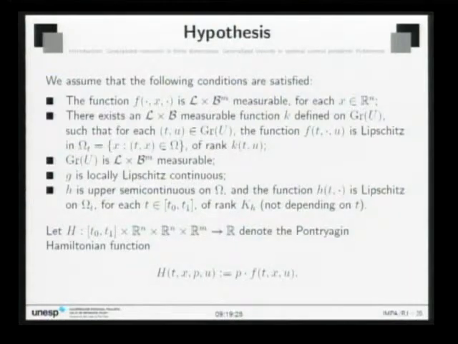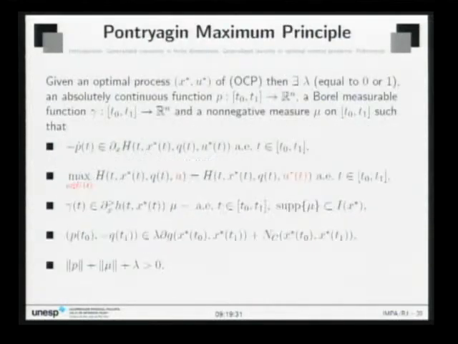And here we have the Hamiltonian now. I'm not using psi, I'm using p now. Okay. And the maximum principle of Pontryagin for this problem with non-smooth data and state constraint would read like this. So we have an optimal process. Given an optimal process, there exist lambda, which is 0 or 1, and there is an absolutely continuous function p, which is the co-state variable, a Borel measurable function gamma, and a non-negative measure that obey all of these.